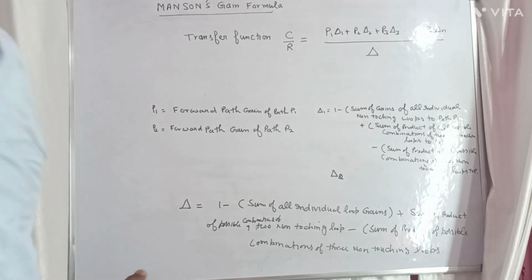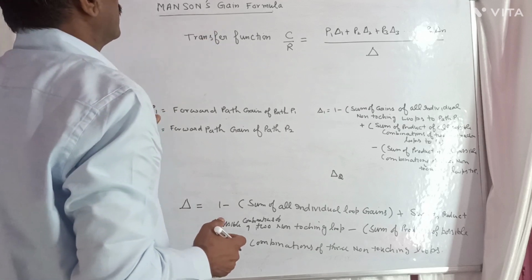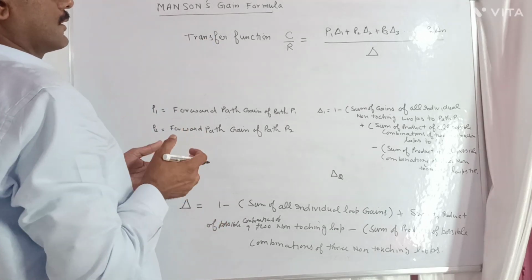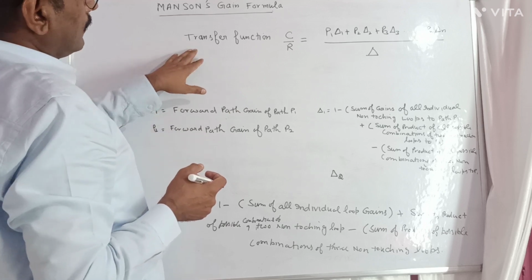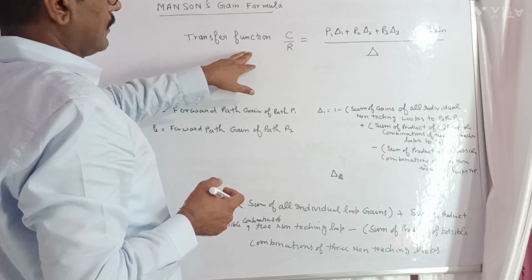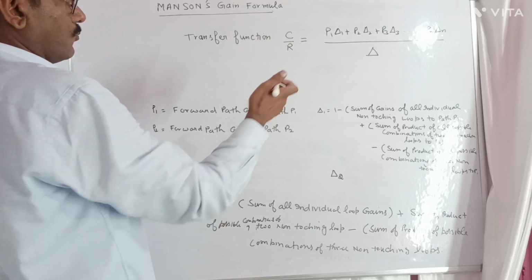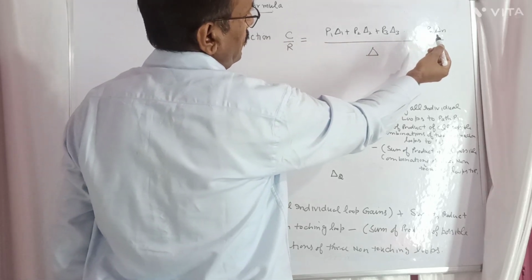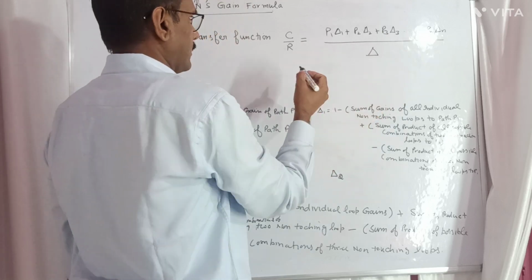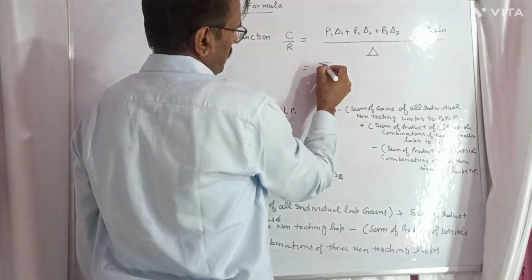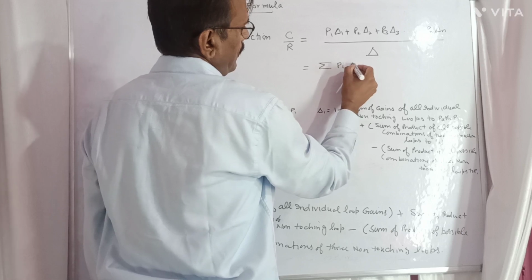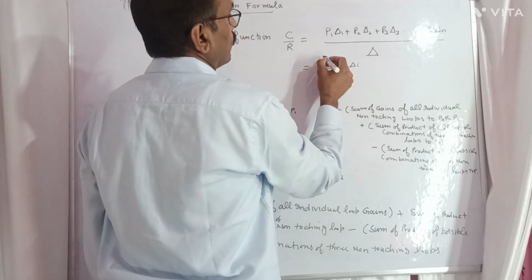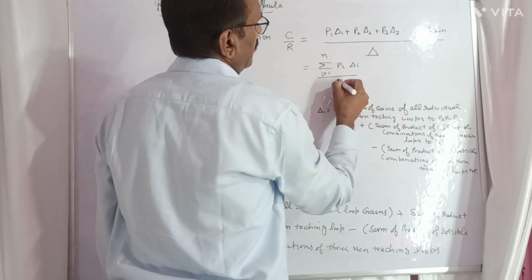After this we come to Mason's gain formula. With this formula we can find the transfer function of any block diagram. What is the transfer function? C(s)/R(s) is equal to P1 delta 1 plus P2 delta 2 plus P3 delta 3 plus Pn delta n by delta. So we can write summation of Pi delta i, i varies from 1 to n, divided by delta.